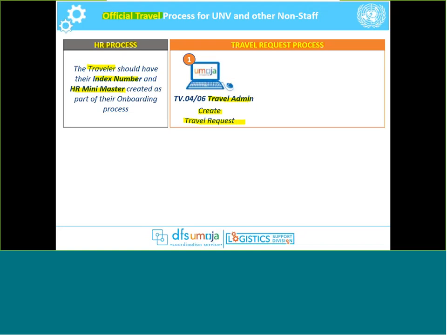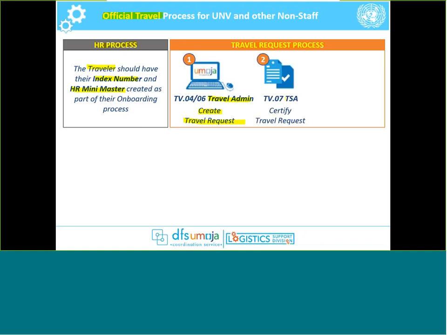You can do it as a travel administrator because we said that UNVs and non-staff cannot do it by themselves in the portal. The travel request will be then sent for approval to the TSAs.